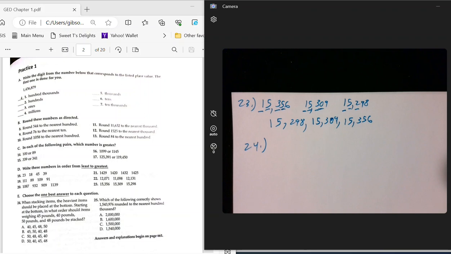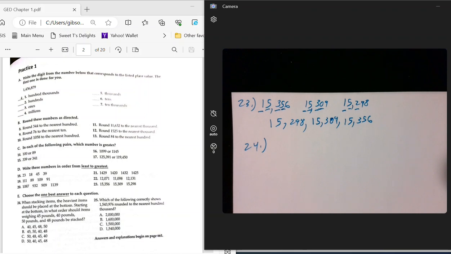Okay, so it says the heaviest item should be placed at the bottom. So they tell us to start from the bottom, so your first number is supposed to indicate your bottom. If you look here at A, B, C, and D, they all have all of the numbers that are provided, the 45, the 40, 50, and 48. So that's good.